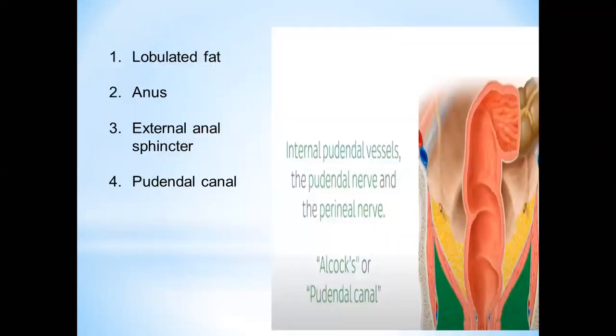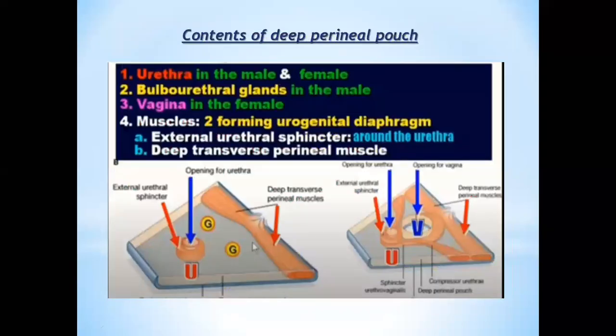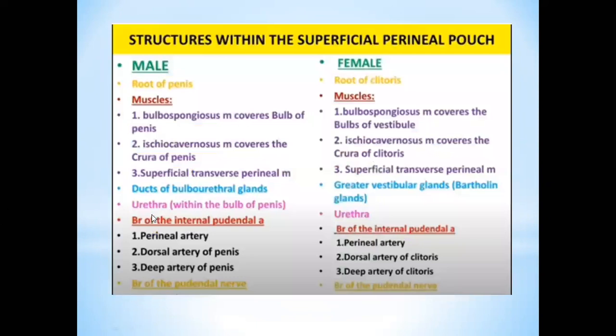If I go back here, look, the urethra is part of it, but the external urethral sphincter is not a part of the superficial perineal pouch. Clear, Nupur? Both the penis and the clitoris will be present in male as well as in female superficial perineal pouch.